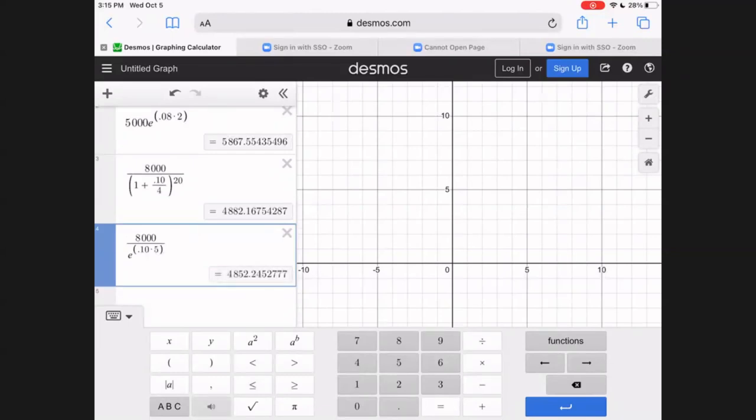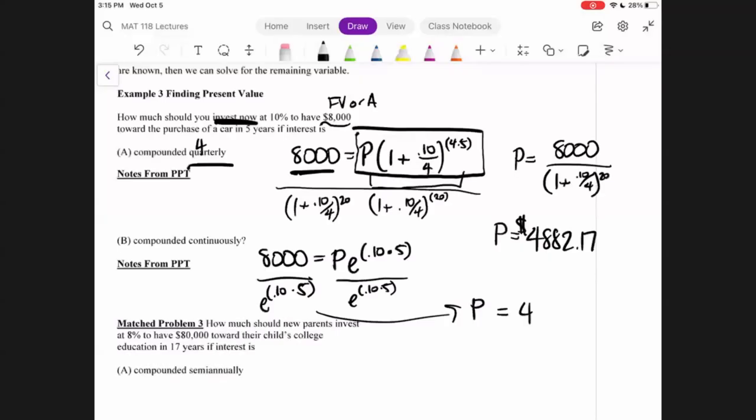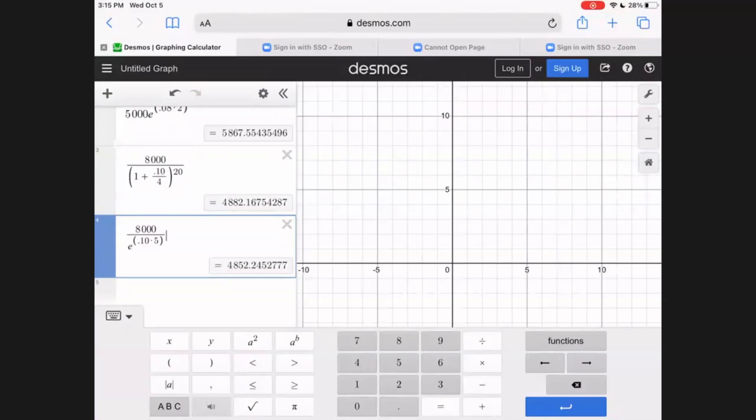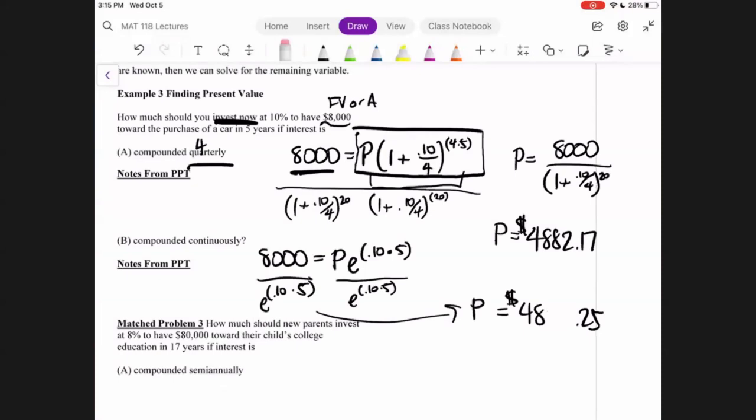So $4,852.25. Oh, 52, my mistake. And 25, yeah. So a little bit less than if I was compounding quarterly.